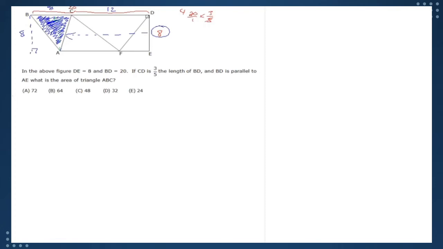So if we see that the height is 8, and the base is 8, since the area is 1/2 base times height, we have 1/2 times 8 times 8. The answer here is 32. It doesn't look like too many people fell for that trap, which I'm happy to see.